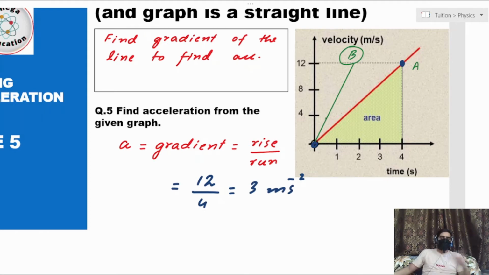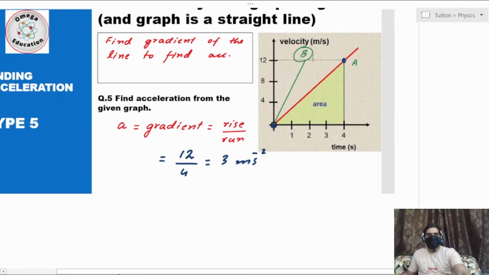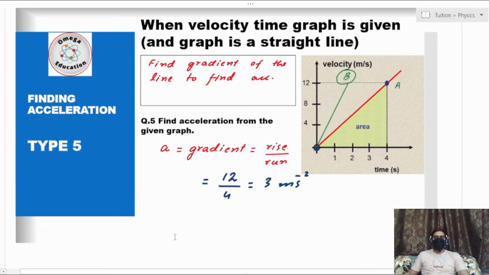It is towards the y-axis more compared to object A. So that's why we can say that object B has more acceleration without actually calculating the acceleration of either of the two objects. So that was your type 5.